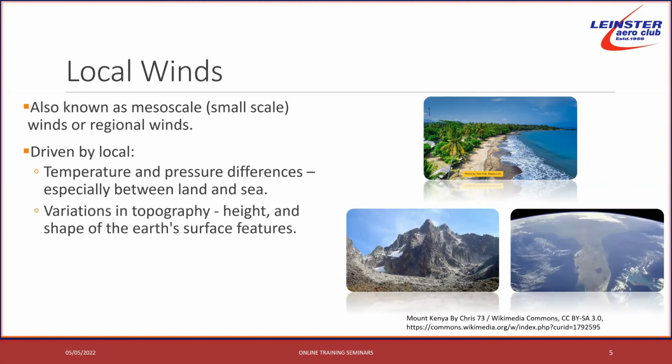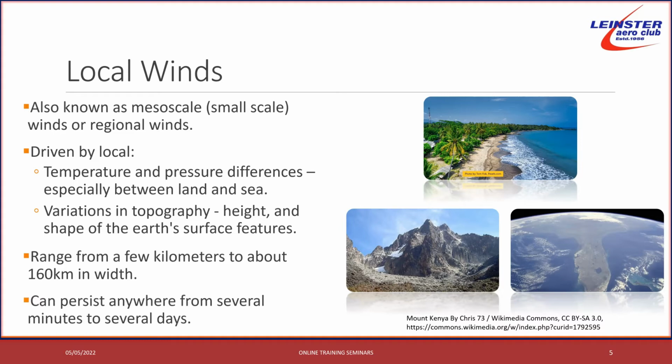Also variations in topography, height and shape of the Earth's surface have very distinctive effects on local winds. Local winds are winds that range from just a few kilometers to about 160 kilometers in width, according to the definition, and also they can persist anywhere from several minutes to several days.